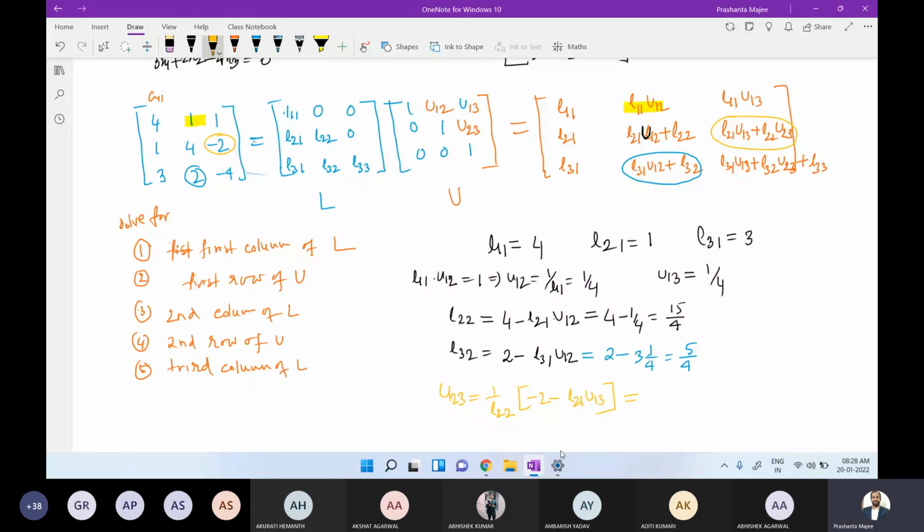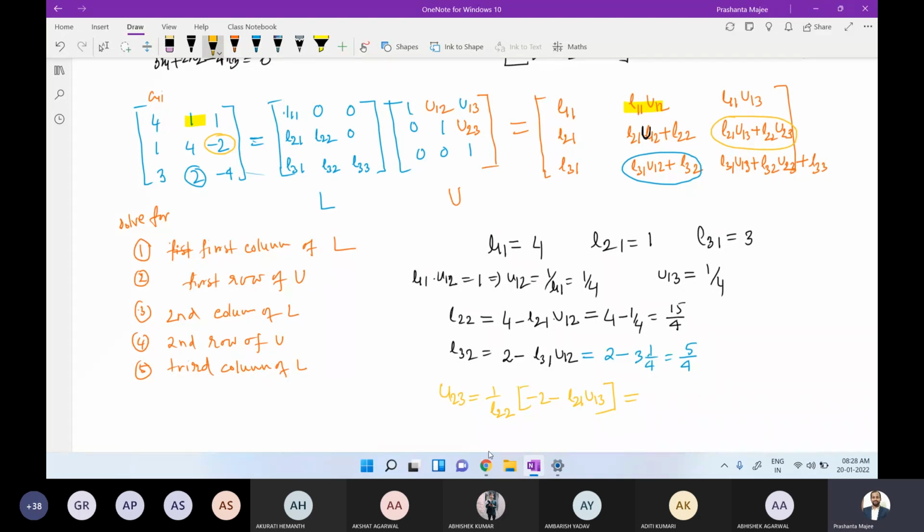This method, if you try to solve it by hand, will seem lengthy, but in code it will be very simple to implement, because for a certain order of matrix, this L and U will have formulas. So what is U23? 1 by L22.